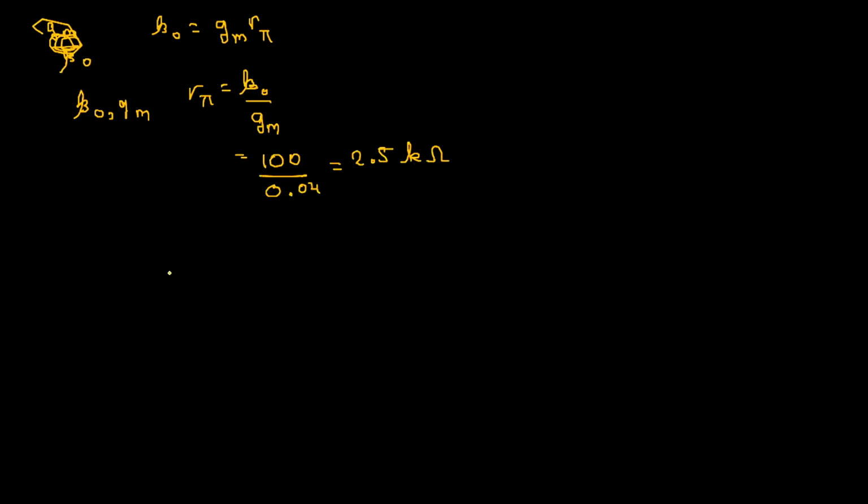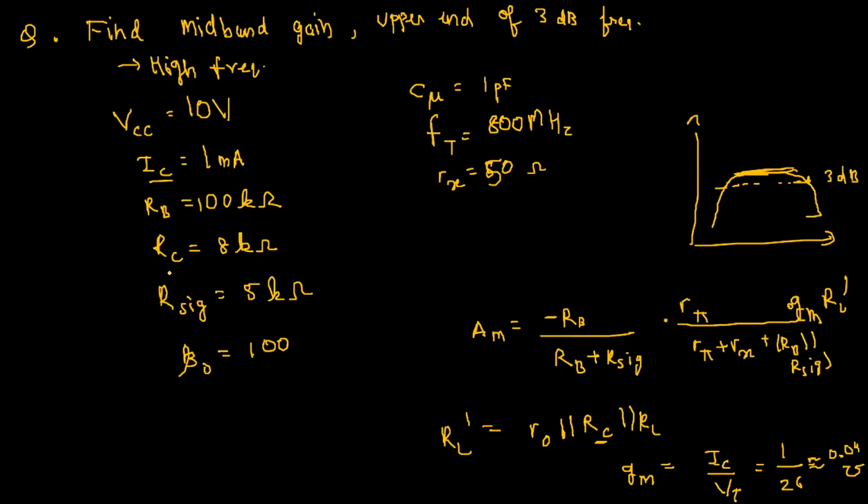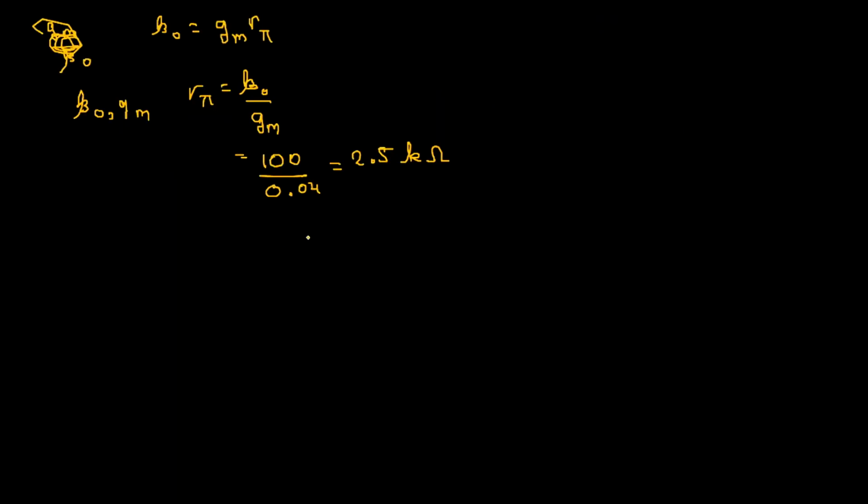Next, we are also given another piece of information, which is VA is equal to 100 volts. So we also know that RO, the output resistance, is always given by VA divided by IC.